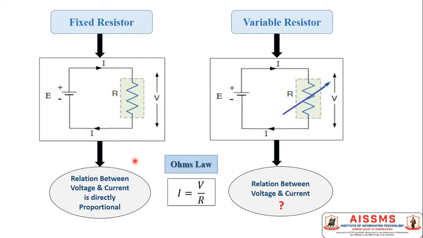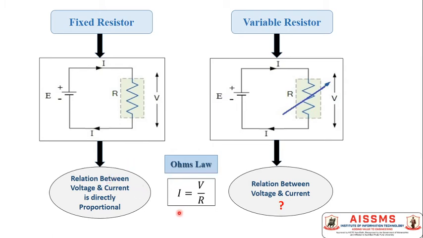As per Ohm's law, just as the flow of water through a pipe is directly proportional to the effective pressure and inversely proportional to the frictional resistance, similarly current flowing through a conductor is directly proportional to the potential difference across the ends of the conductor and inversely proportional to the conductor resistance at a constant temperature.